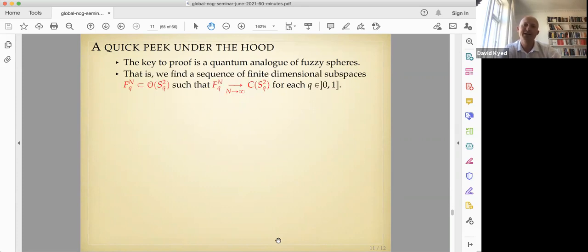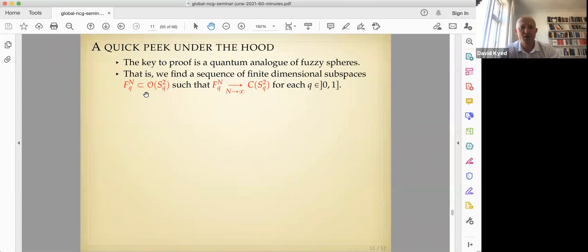And what we find is, for each Q, we find a finite dimensional subspace for each natural number n, such that when this natural number n grows, the finite dimensional subspaces will grow up to the Podleś sphere in quantum Gromov-Hausdorff distance. And this F_n^q here is actually (n+1)² dimensional. So from a linear point of view, I guess it deserves to be called a matrix algebra. So we think of these as Q-deformed analogs of fuzzy spheres.